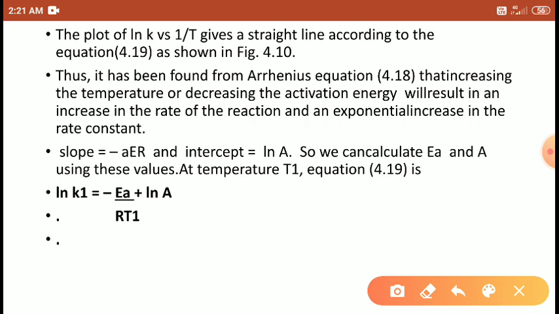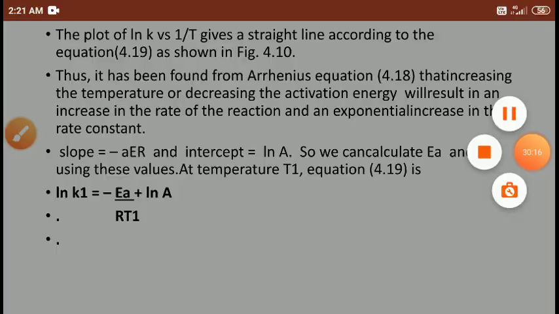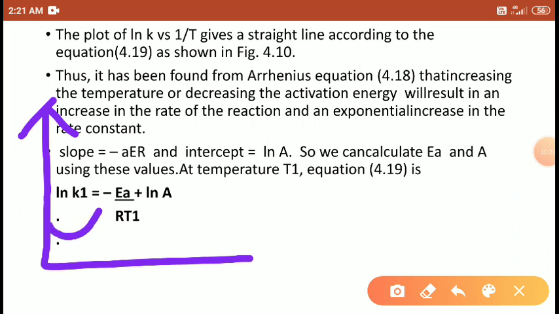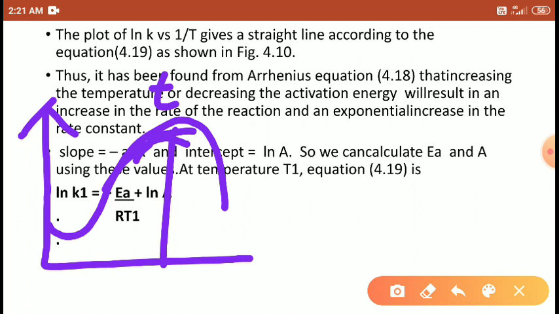So in the Arrhenius equation, increasing the temperature means the activation energy barrier is effectively lower, which results in an increased rate of reaction, an exponential increase in the rate constant. Okay students, look here. If we use the temperature T, the curve maximum means the activation energy is high, so high additional energy is required here.